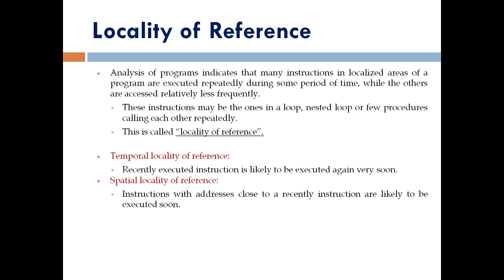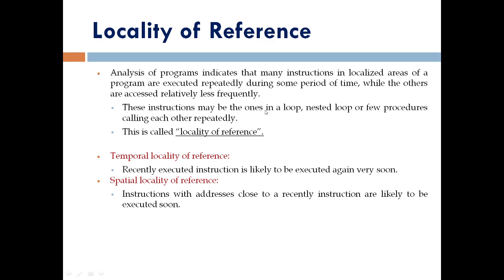Locality of reference refers to a phenomenon in which a computer program tends to access the same set of memory locations for a particular time period. That means analysis of programs indicates that many instructions in localized areas of a program are executed repeatedly during some period of time, while the others are accessed relatively less frequently.